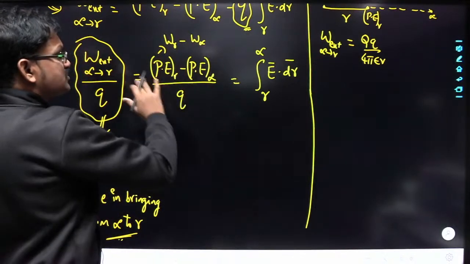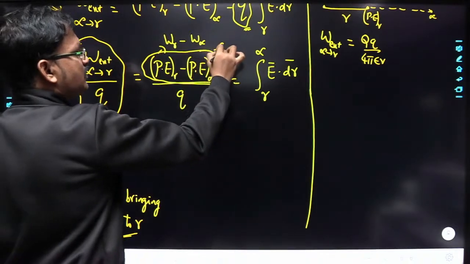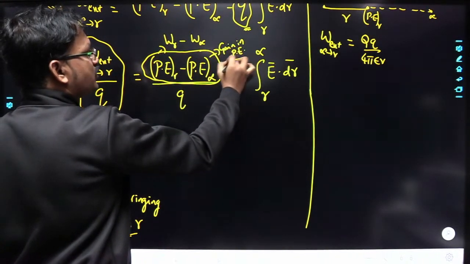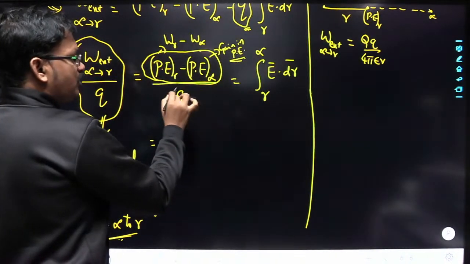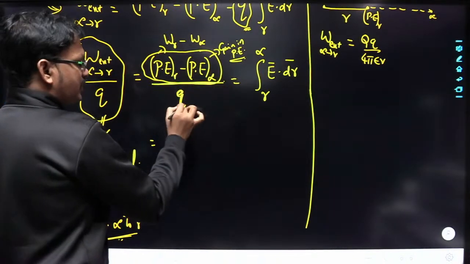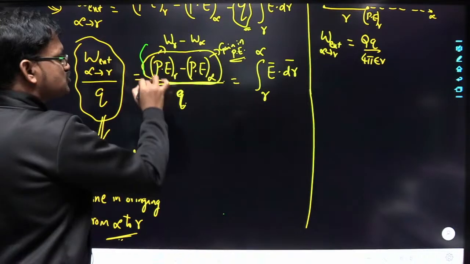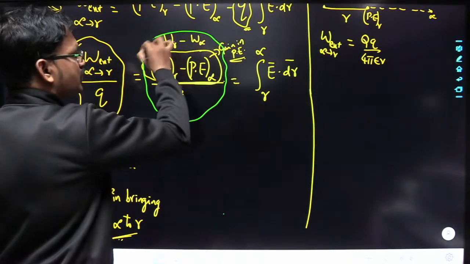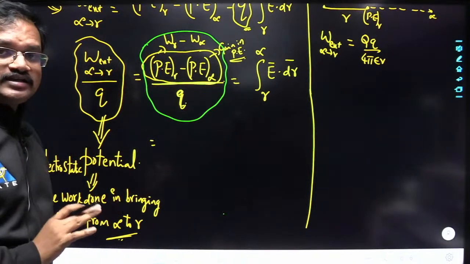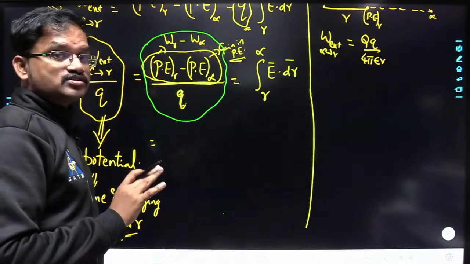So this is nothing but gain in potential energy, gain in potential energy divided by Q. So this total represents gain in potential energy per unit charge, which we call electrostatic potential.